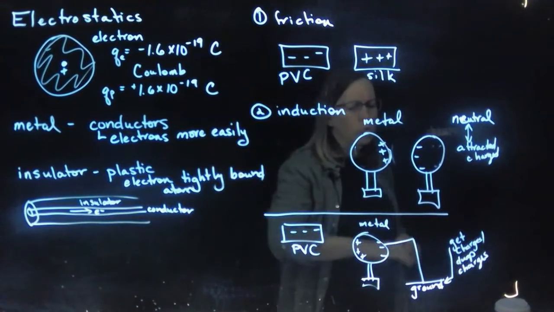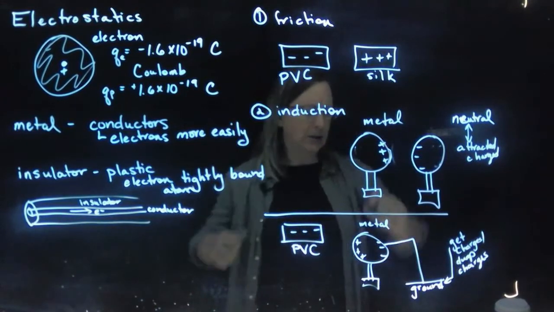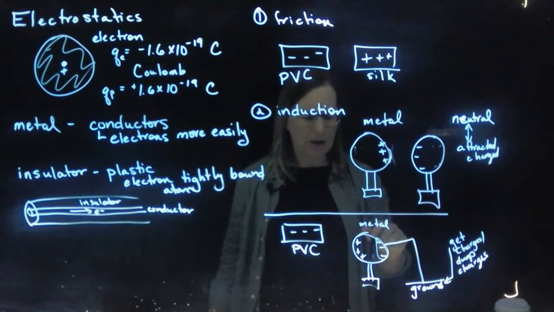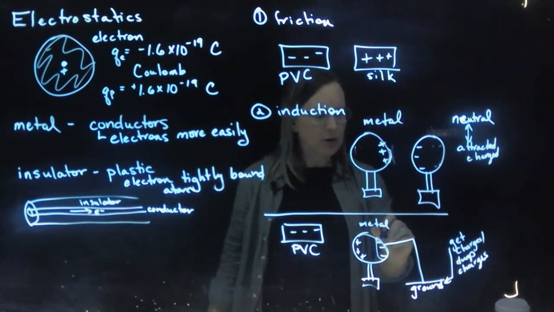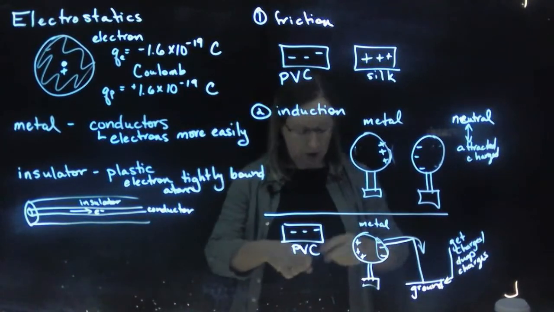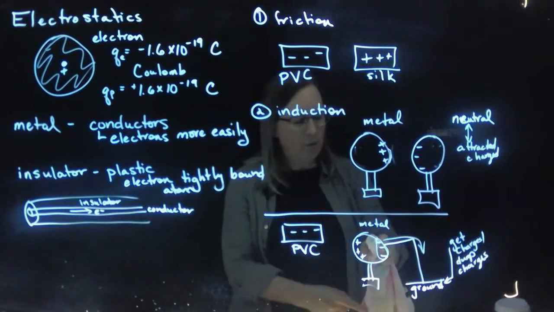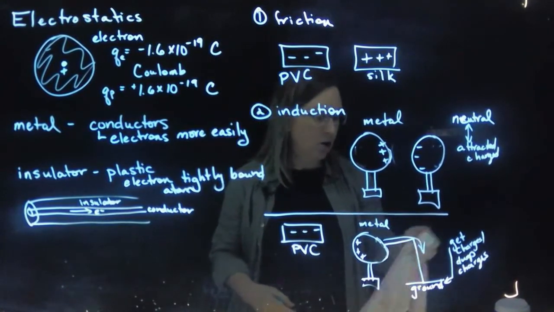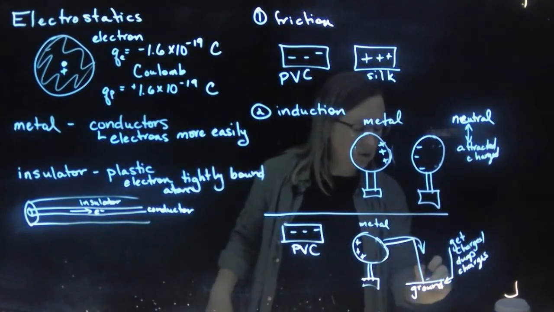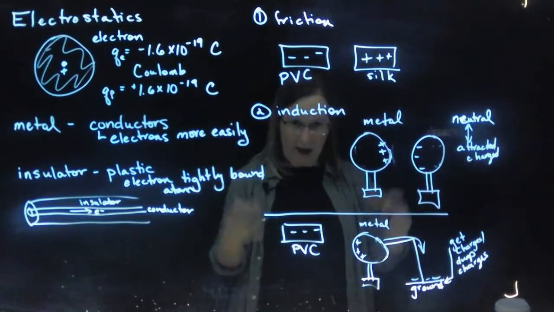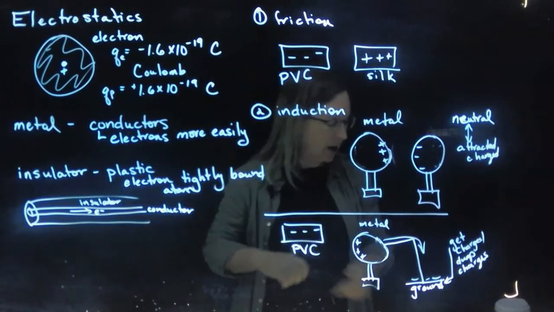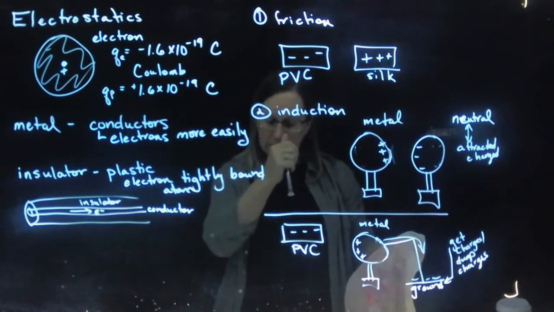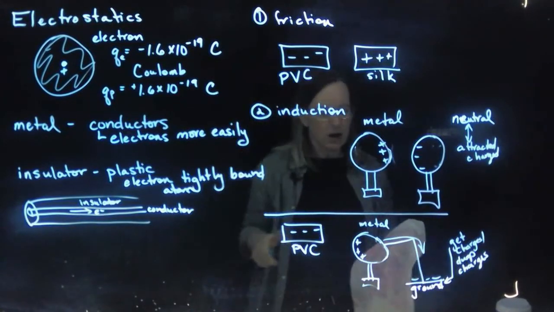Okay, so ground gives us a place, and these extra electrons right over here are like, I do not want to be here because I'm still repelled. So these go rolling off, and I roll them off of the conductor like so, and they're in the ground. They're just extra in the ground, and the ground can accommodate lots of extra charge. And then what we do is we set things up.